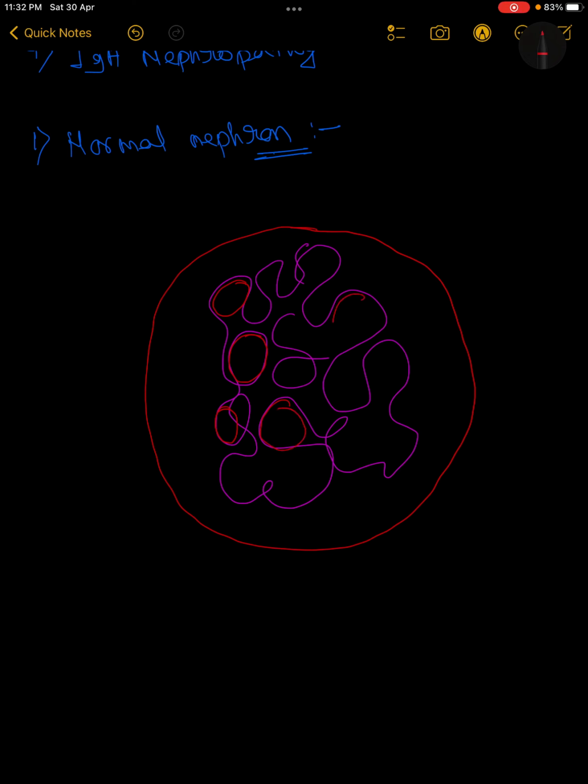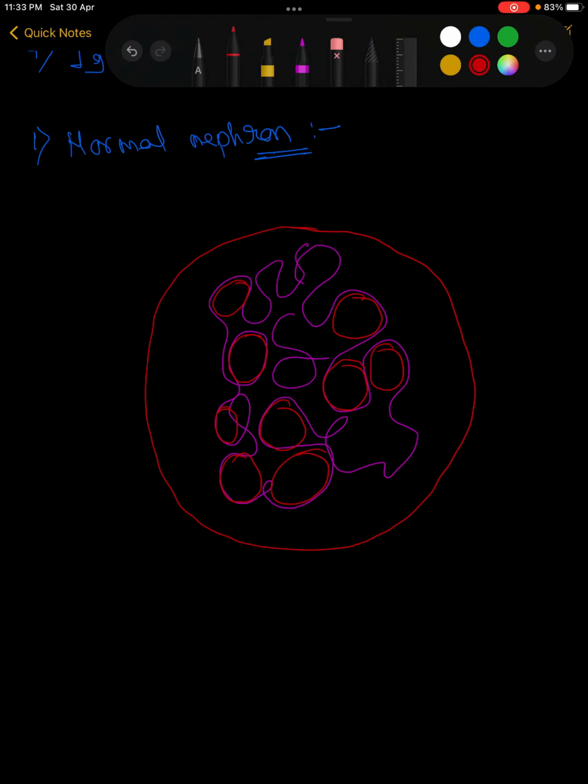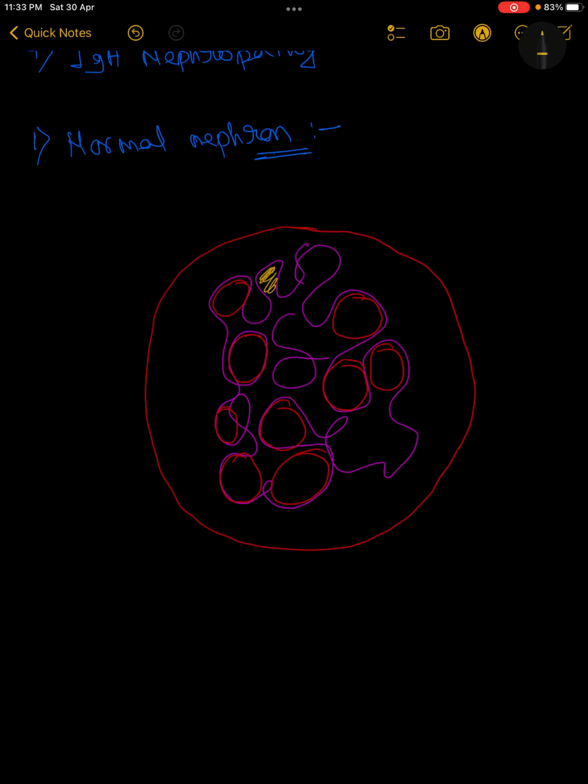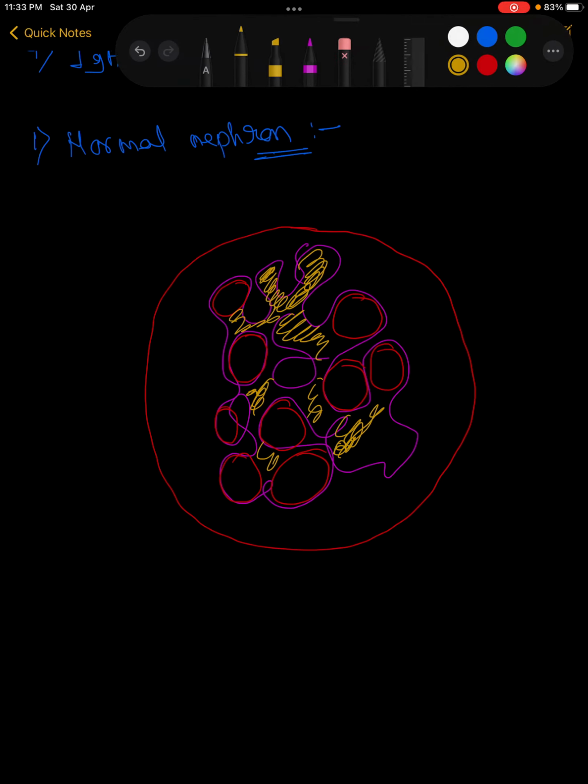Okay, these are the capillary lumens, and we know that in between here we will see some extracellular matrix. So what is this? This is our mesangium. Here we will find our mesangium.